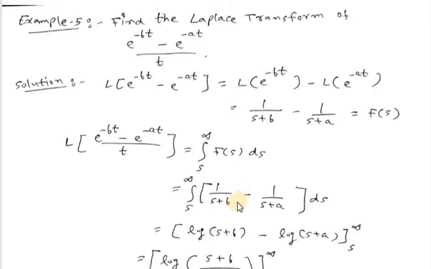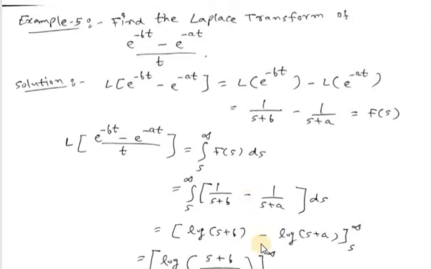Now we have to integrate 1 over s plus b minus 1 over s plus a with respect to s. The integration of 1 over s plus b, according to the formula integration of f dash x over f x, is equal to logarithm of f of x. So it will become logarithm of s plus b.